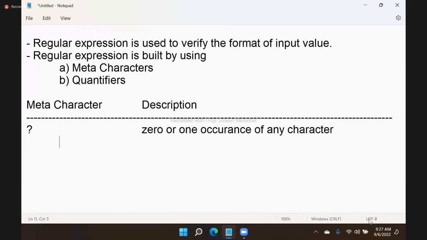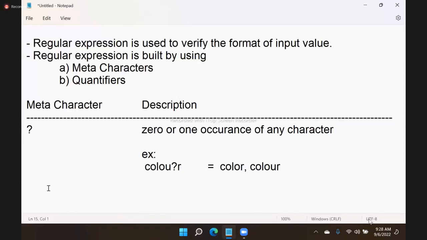Yesterday I gave one spelling example. For example, we have COLOU question mark R. This allows COLOR and COLOUR. That is the point. So any character, if you want 0 occurrence or 1 occurrence, then you have to represent it with a question mark.